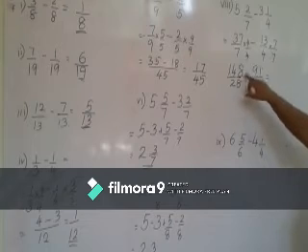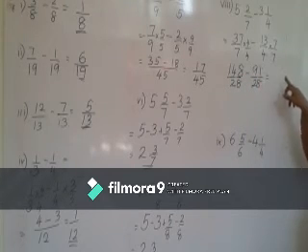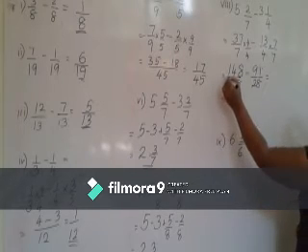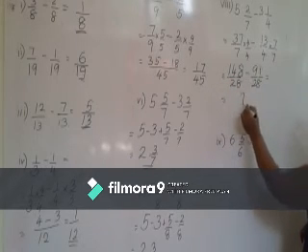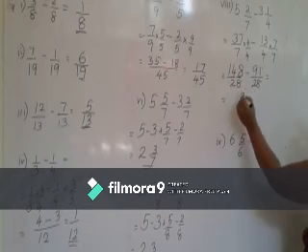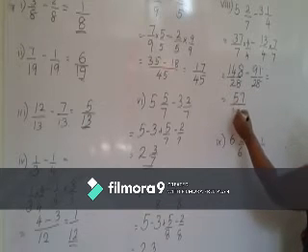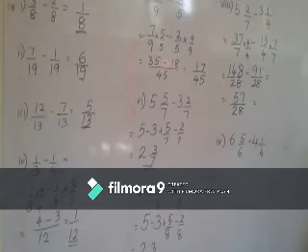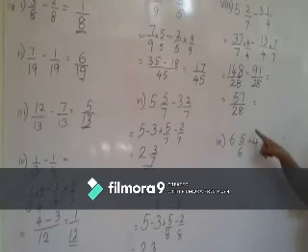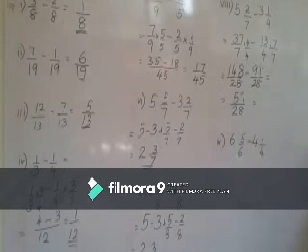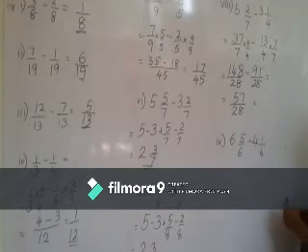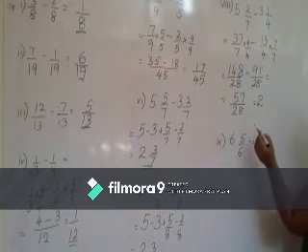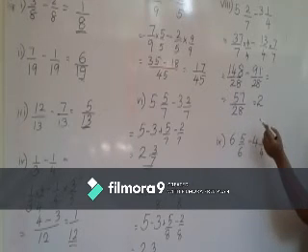So 8 minus 1 is 7 and 14 minus 9 is 5. So 57/28. Then we have to take how many groups are there. 57 divided by 28 means 2 groups are there. 2 times 28 is 56.